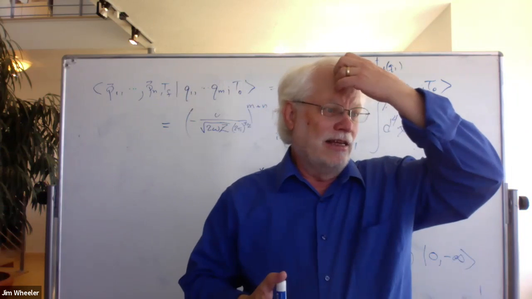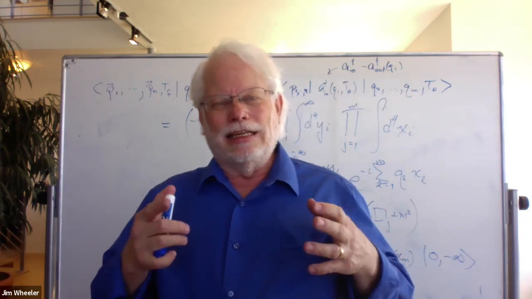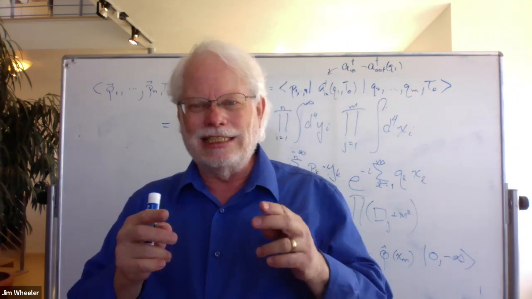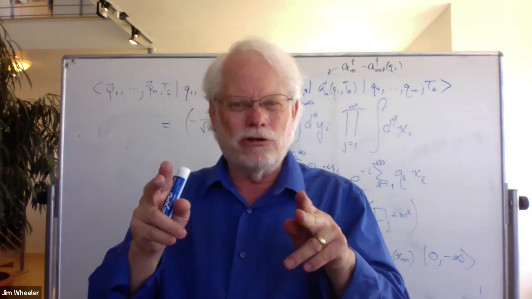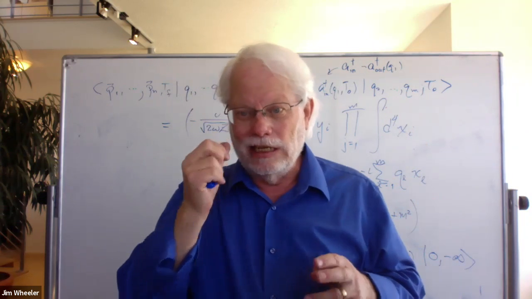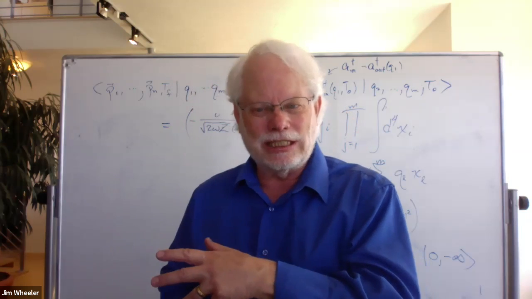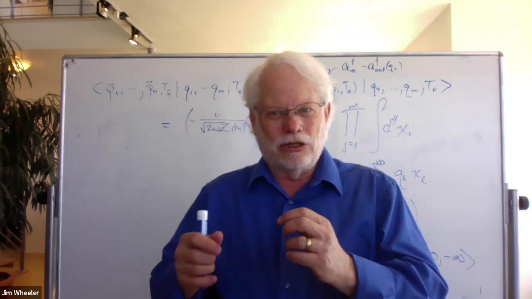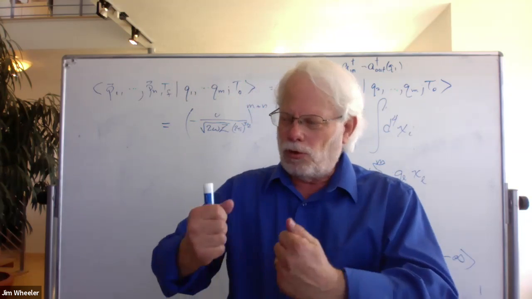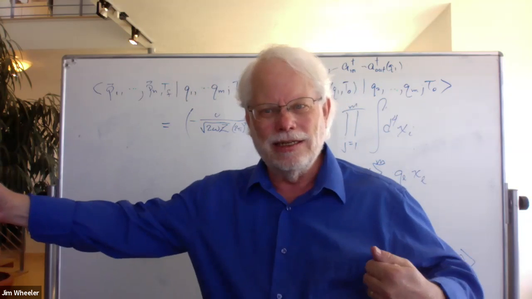But anything that retains even a normal ordering of some subset of the fields is going to have the annihilation operators acting on the vacuum state and give zero. So the only thing that survives is a product of all these commutators.